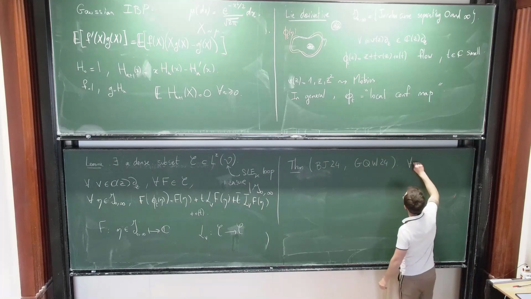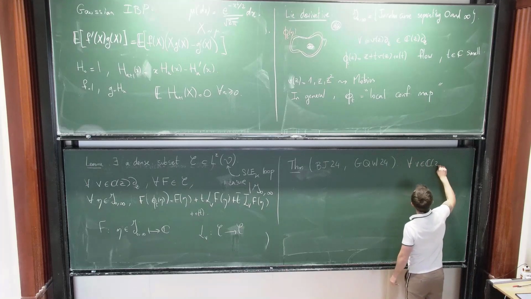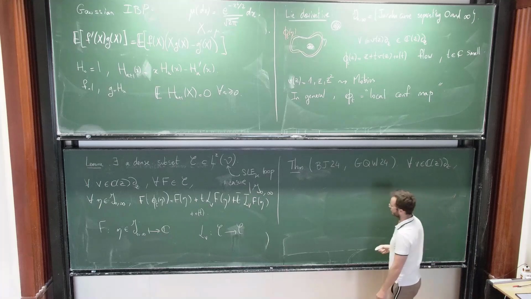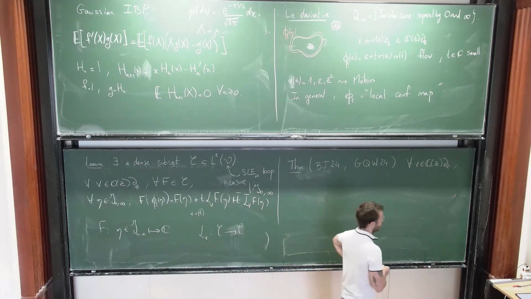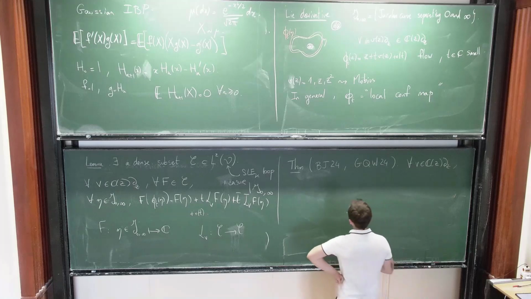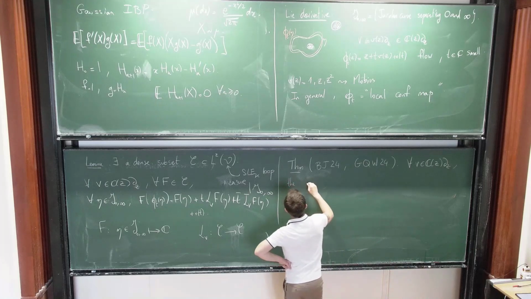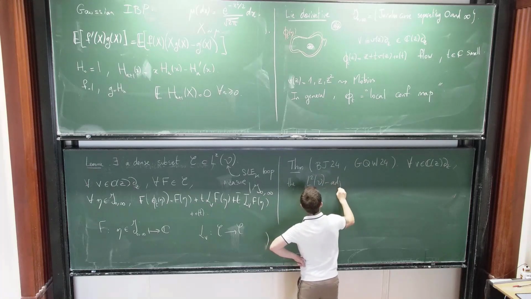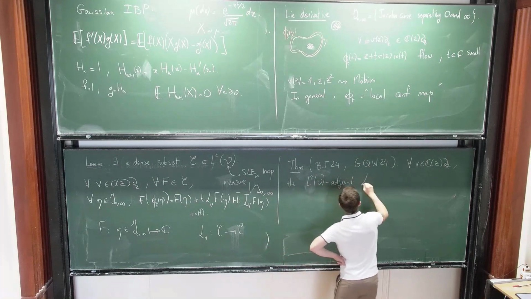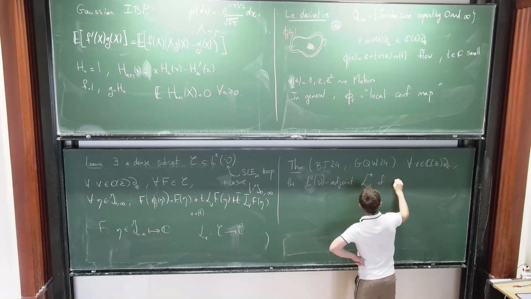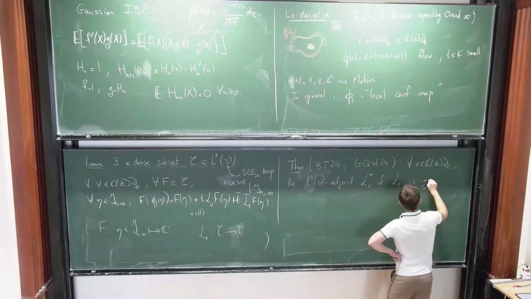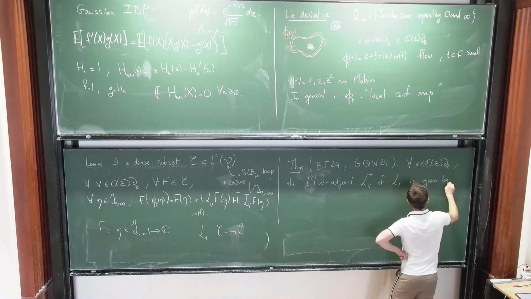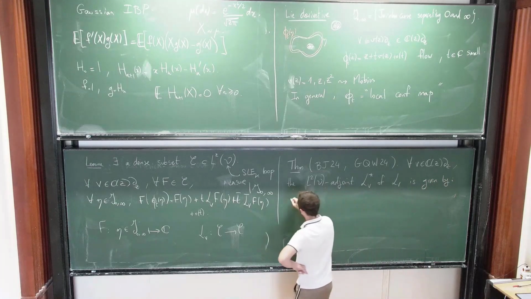For all vector fields V, the L2 of mu adjoint, that I will denote simply by LV star of LV, is given by, okay, so there is a formula.